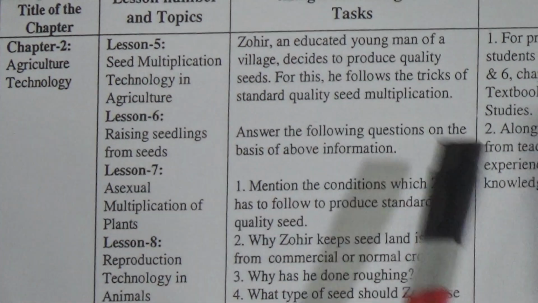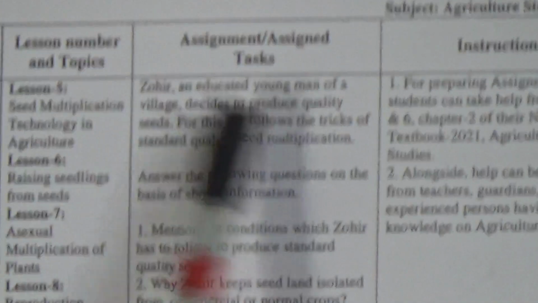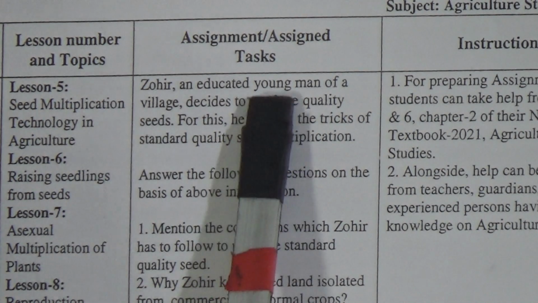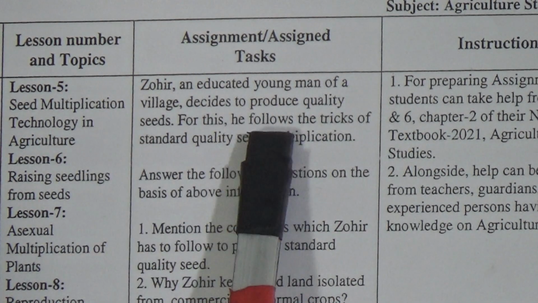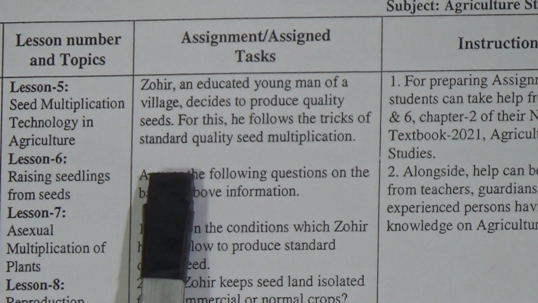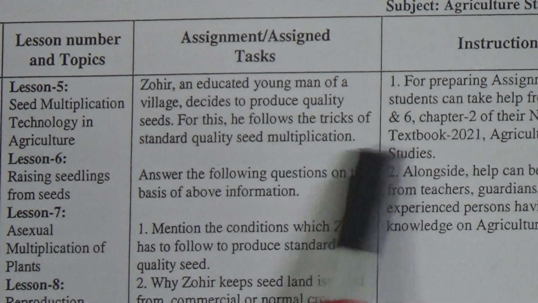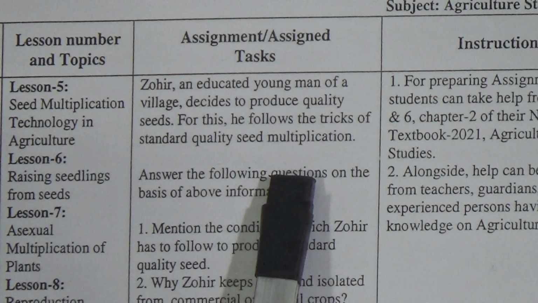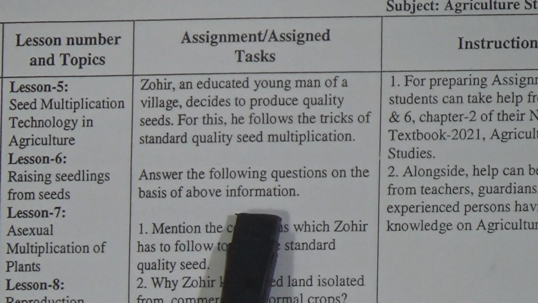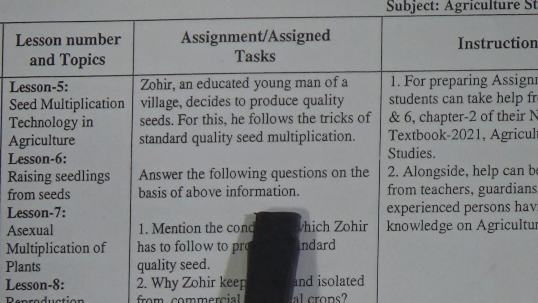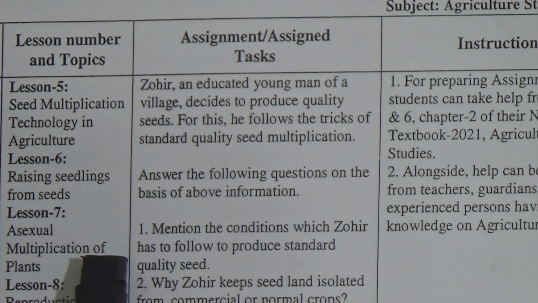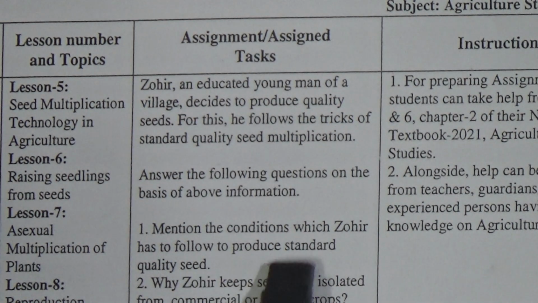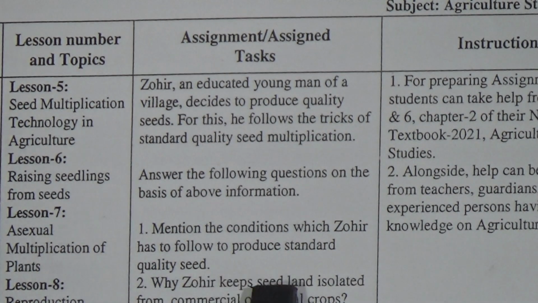Okay, now see our assigned task for today. Johir, an educated young man of a village, decides to produce quality seeds. For this, he follows the tricks of standard quality seed multiplication. Now answer the following questions on the basis of the above information. Number 1. Mention the conditions which Johir has to follow to produce standard quality seed.